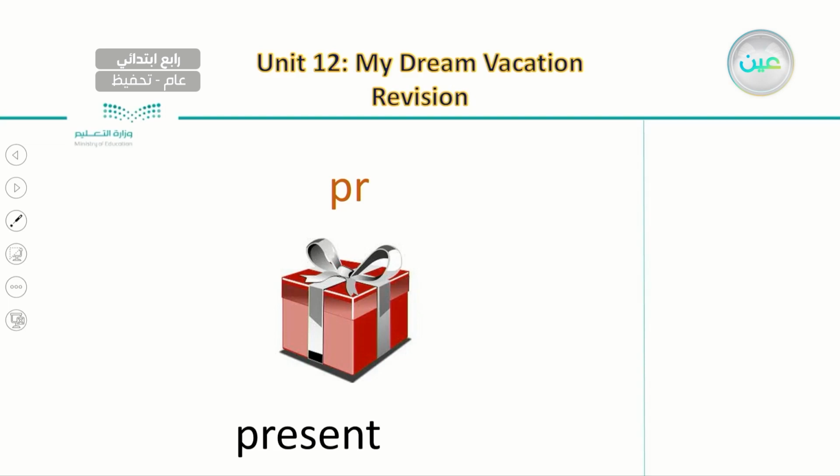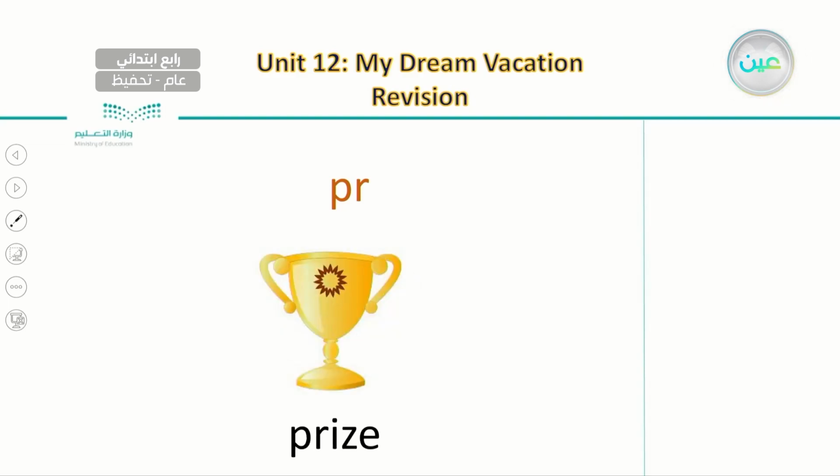And the other word with this sound unit, P and R, is prize, prize, which is usually a kind of trophy that is given after a certain contest or after a competition.